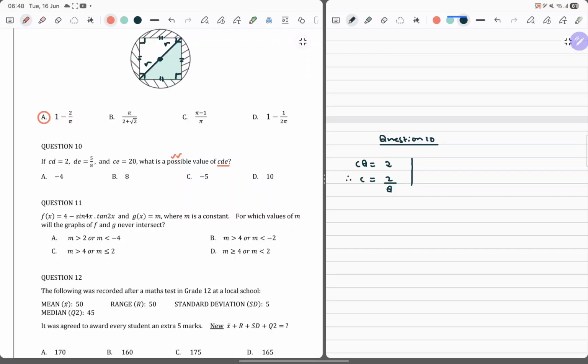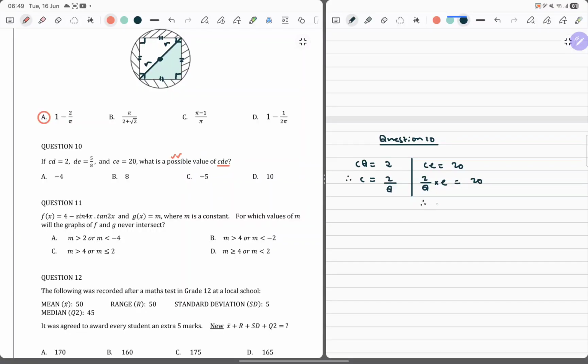Nice. Same light, if we look at CE, for example, CE is equal to 20.